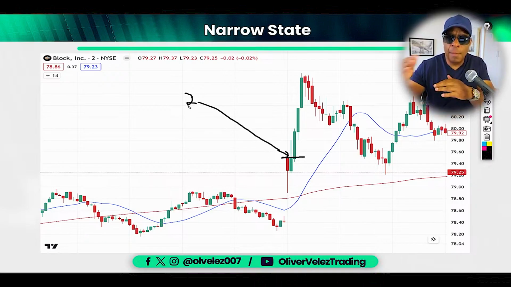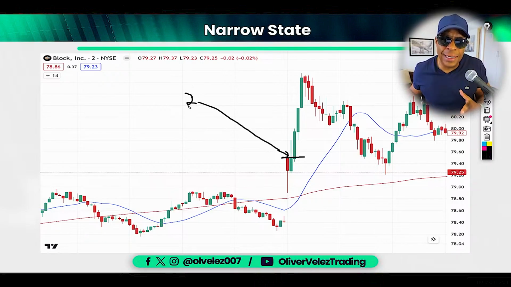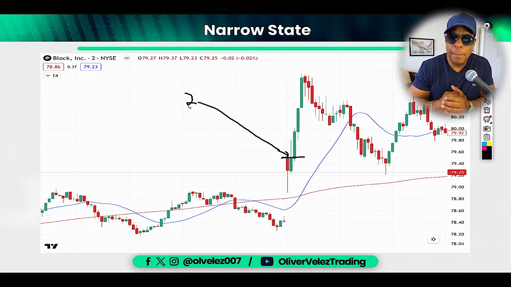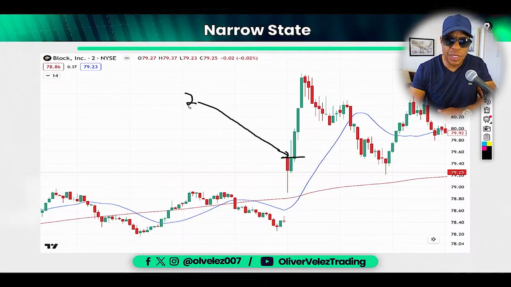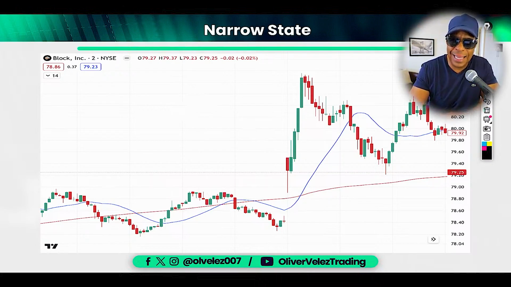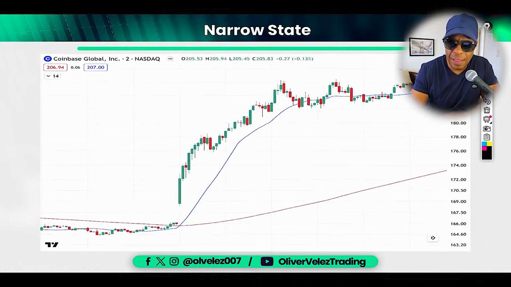Enter above tail bars. Enter in power green elephant bars. So we enter in elephant bars. We enter above tail bars. Now, sometimes, guys, you might miss the entry on the elephant bar.